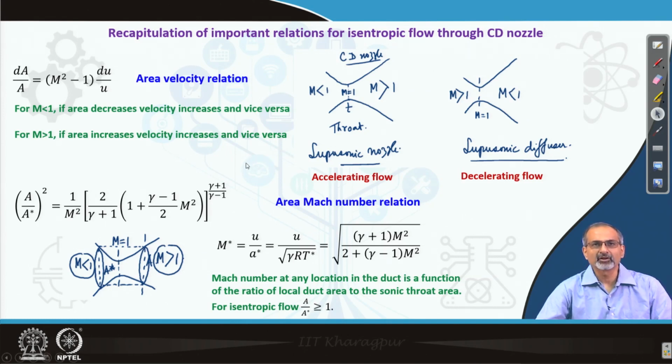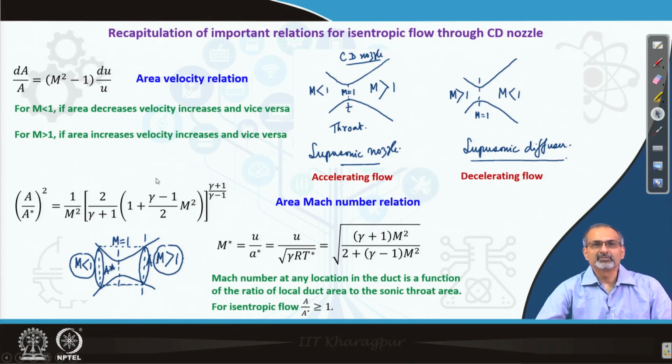From the area velocity relation, we know that in the subsonic part of the flow through a CD nozzle, the area decreases and velocity increases, and vice versa. In the supersonic part, area increases and velocity increases, and vice versa.